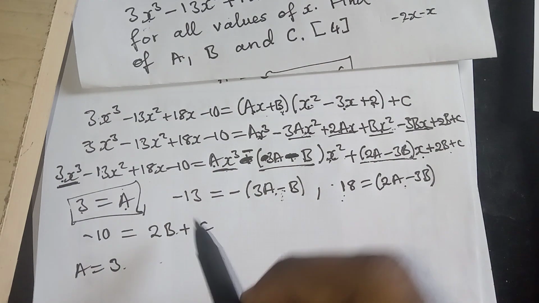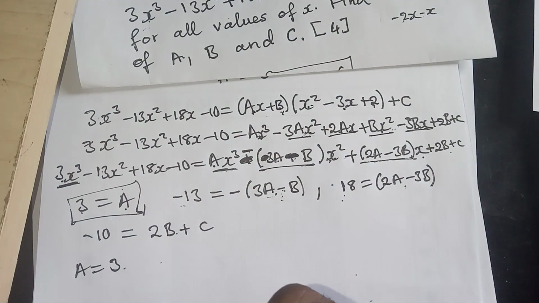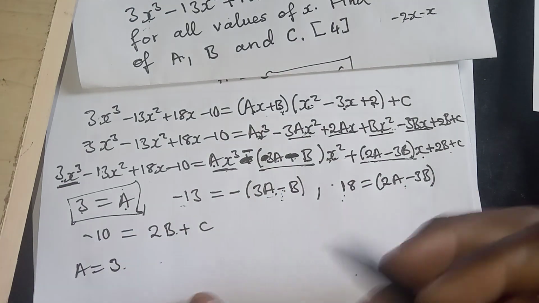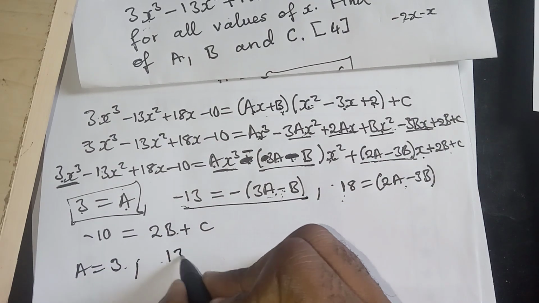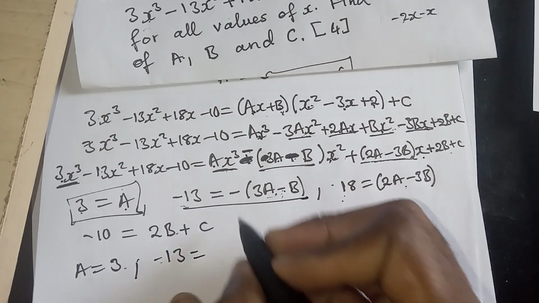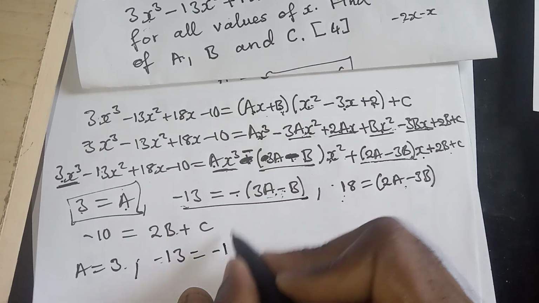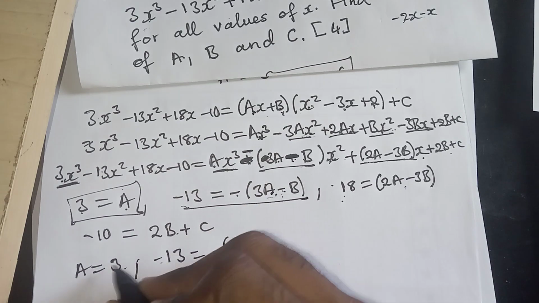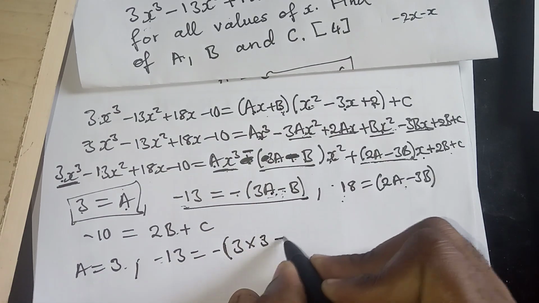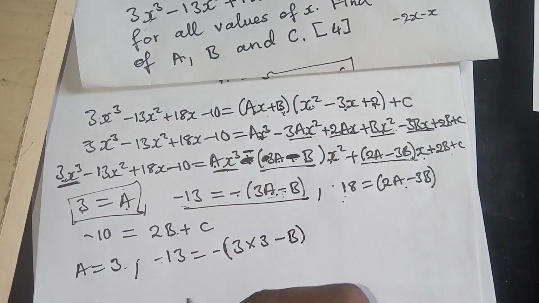So because I don't want to deal with the negative signs, or maybe I do, we can use this one here. So we can say negative 13 is equal to negative 3, instead of putting an a there, I'll put a 3, minus b.